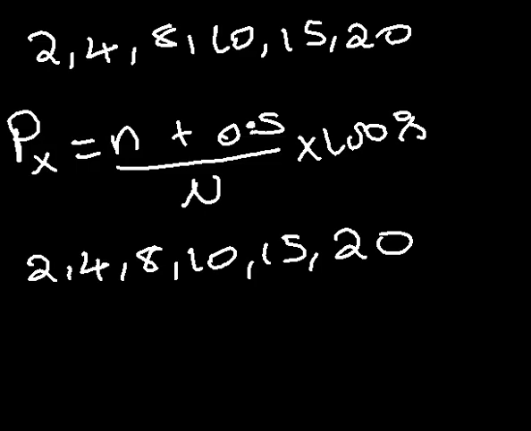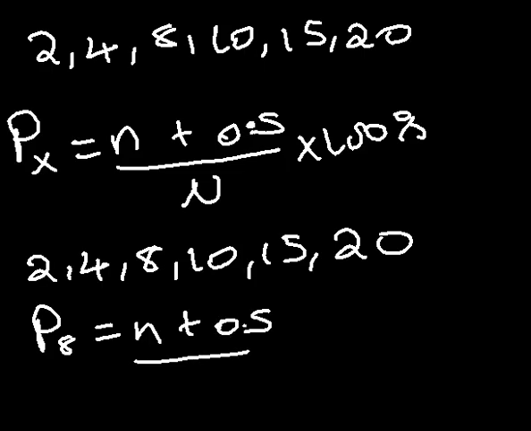So take note of that. So what is the value of n? The number of values below 8, because we are looking for the percentile of 8. So that is given as n plus 0.5 divided by the number of values times 100%. So that is the formula, by the way.